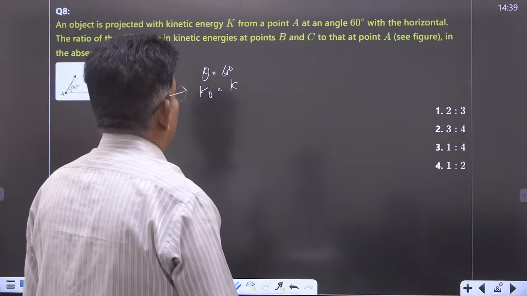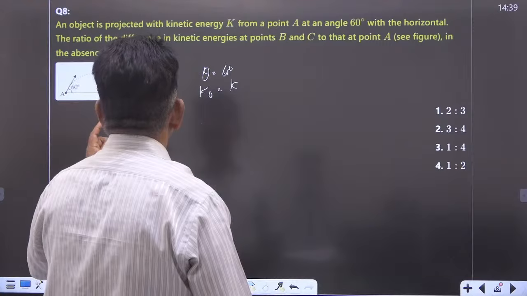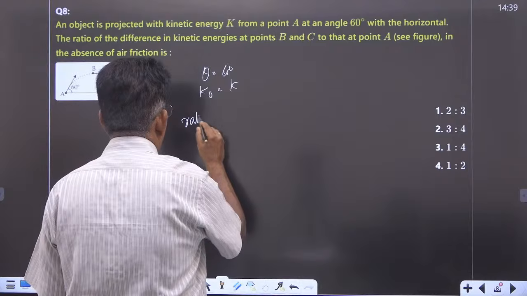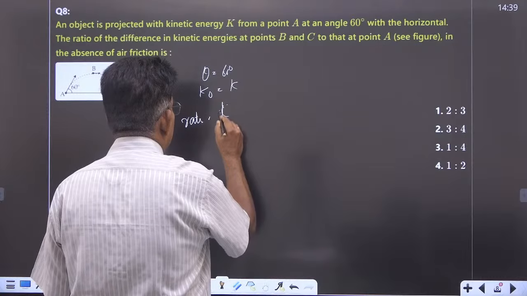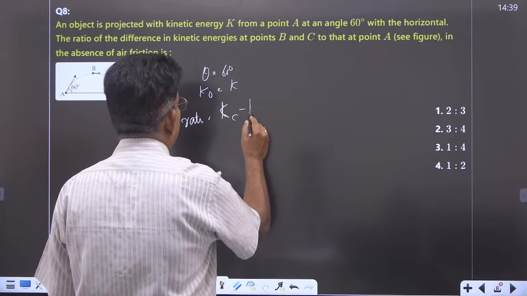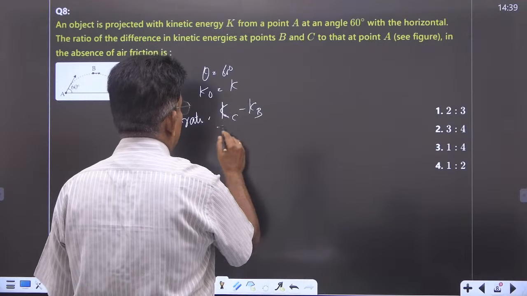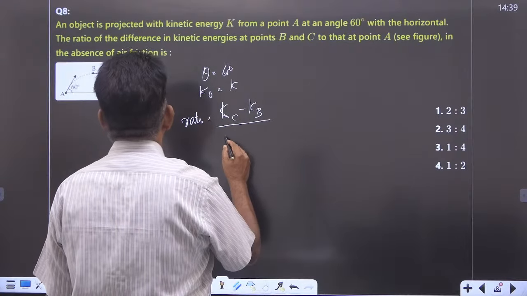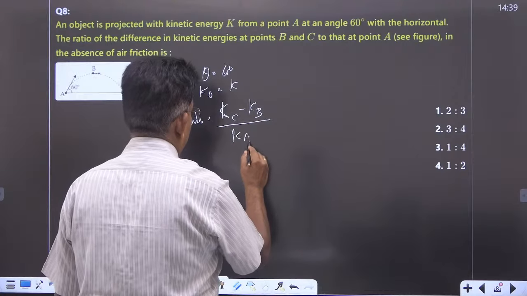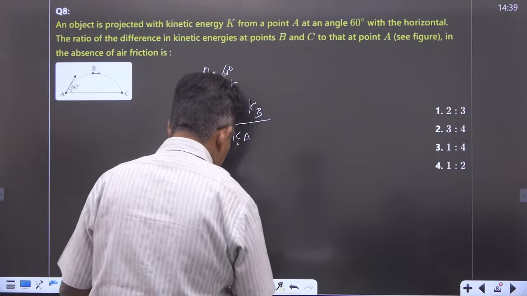We have to find the ratio of the difference of kinetic energy at C and B to the kinetic energy at A. This is what we have to calculate.